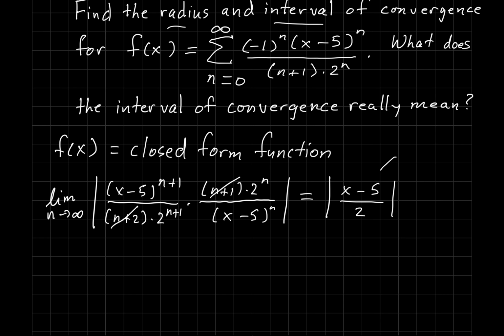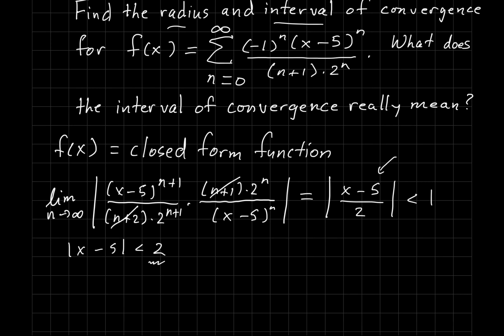This is my ratio way out at infinity, which means I can guarantee convergence if this ratio is between -1 and 1, or if the absolute value of x minus 5 is less than 2. So recall that 2 is our radius of convergence.